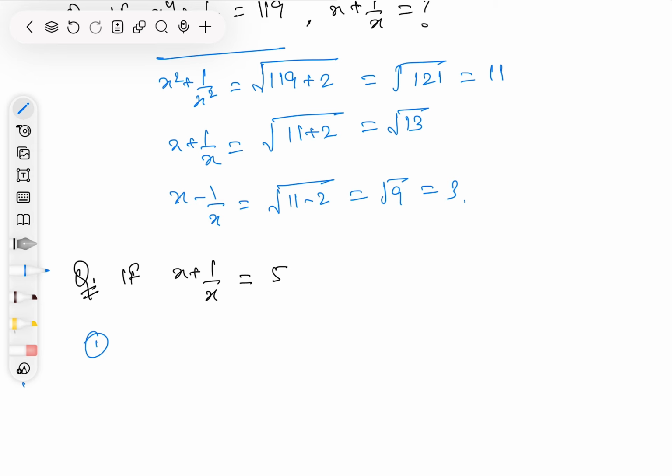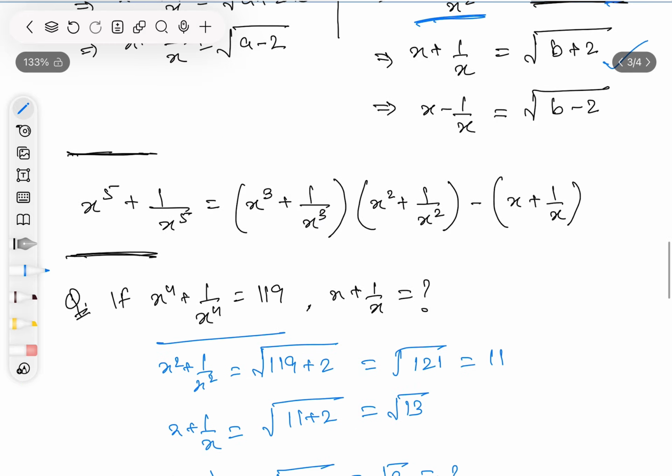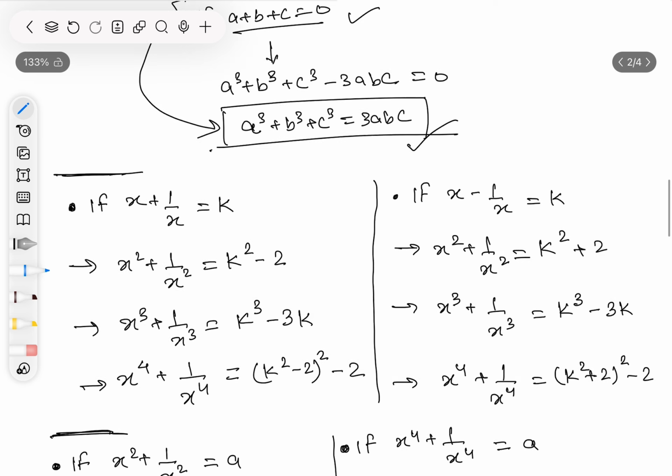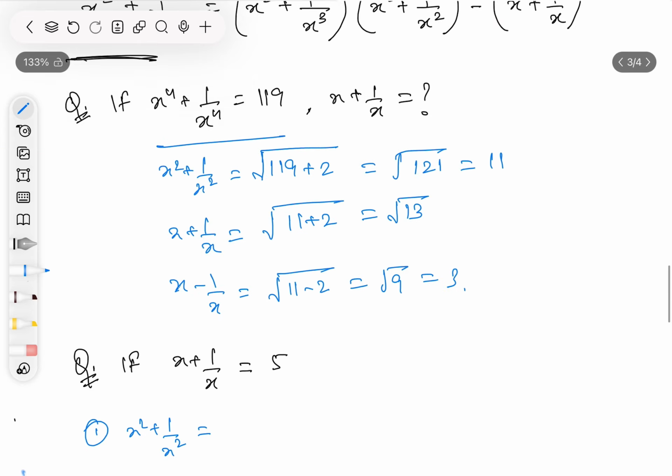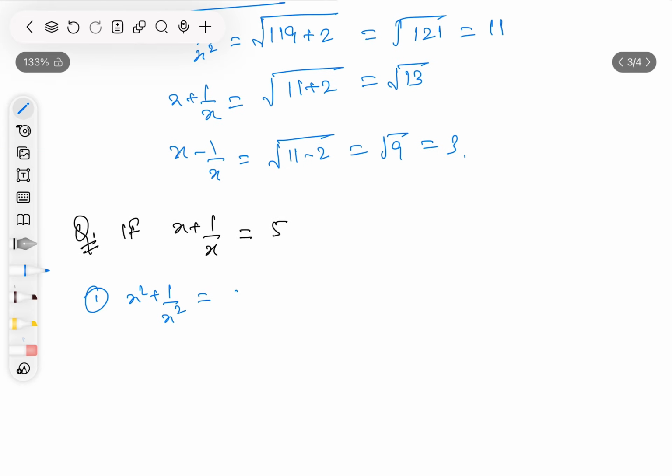If I need to find x square plus 1 by x square, then I know that if x plus 1 by x equals k, then x square plus 1 by x square can be written as k square minus 2. So this will be 5 square minus 2, that is 25 minus 2 equals 23.